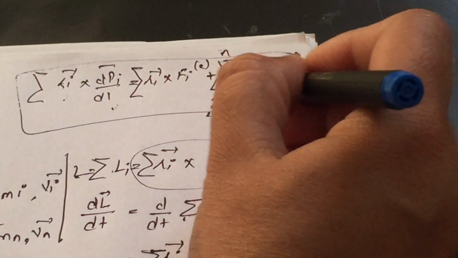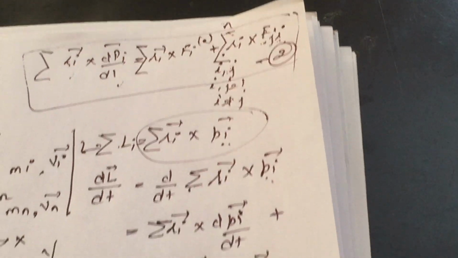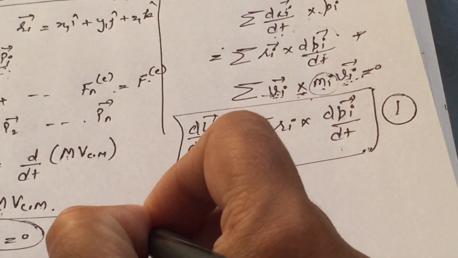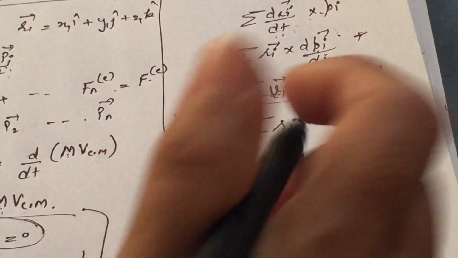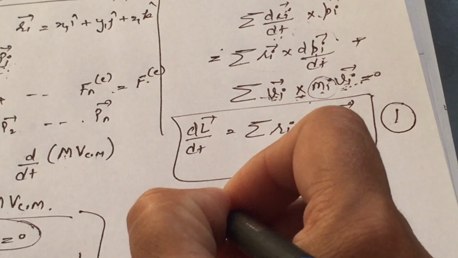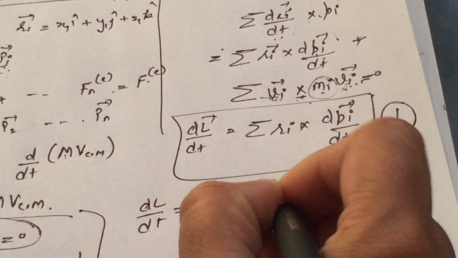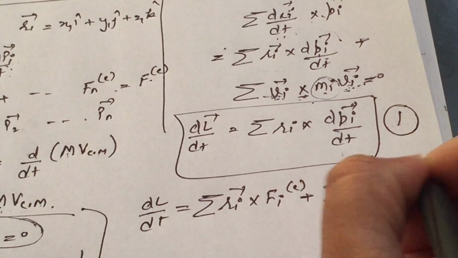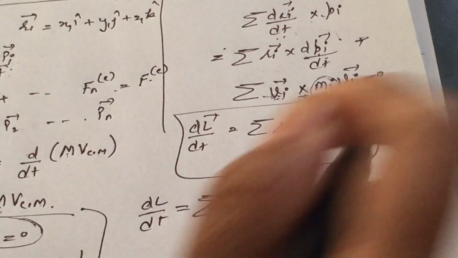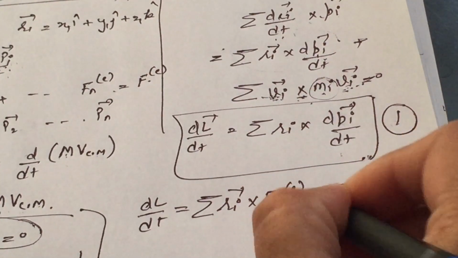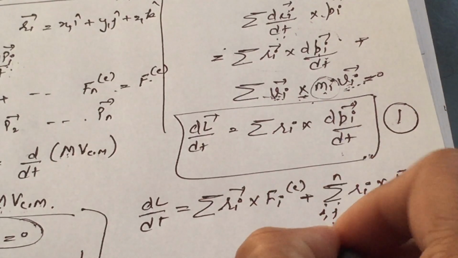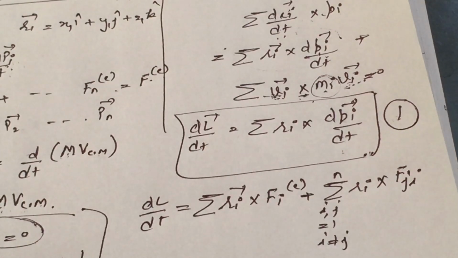If we call this equation number 2, then using equation number 1 and equation number 2, we find that dL upon dt can be written in terms of the internal and external forces, that is ri cross Fi external force plus summation ri cross Fji, representing the internal force, where i and j run from 1 to n, but the condition is that i is not equal to j.